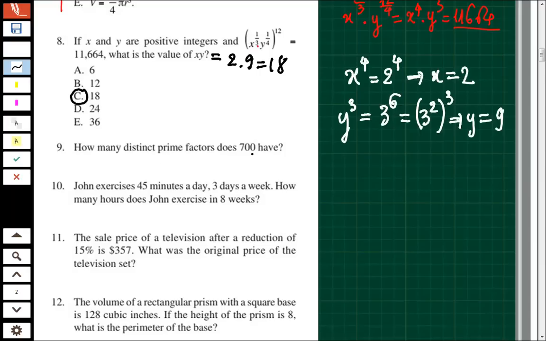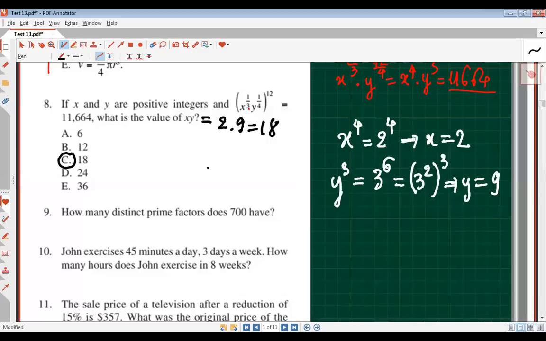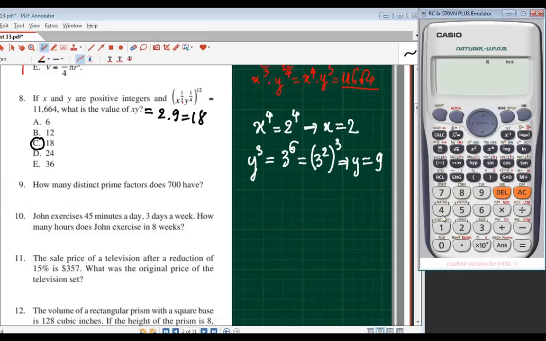Before solving the question number 9, I will use the calculator to show that with the question number 8, we can solve faster if we use a calculator. 11,664 and shift factor here can instantly have the result 2 raised to the power 4 times 3 raised to the power 6.